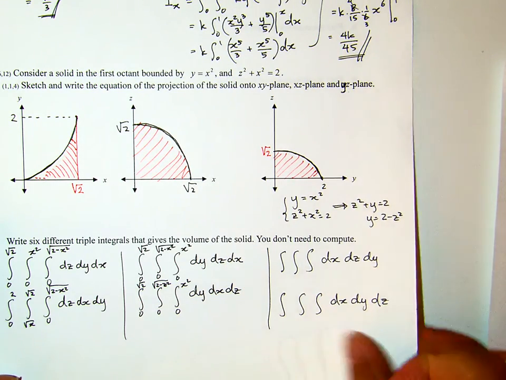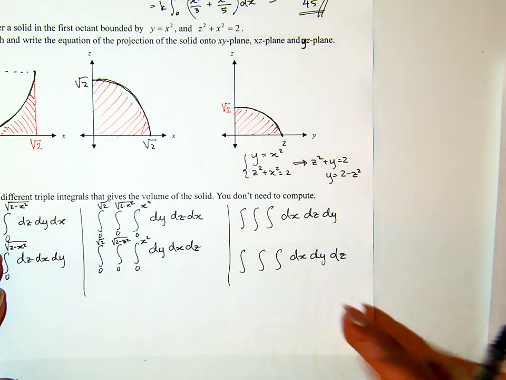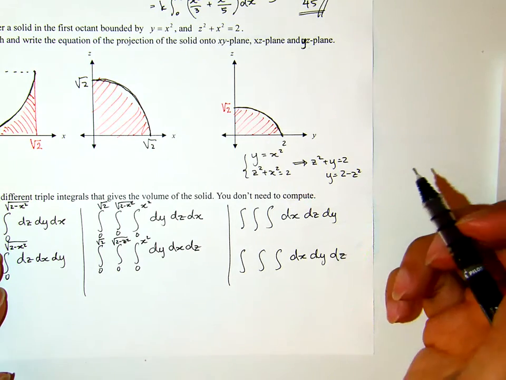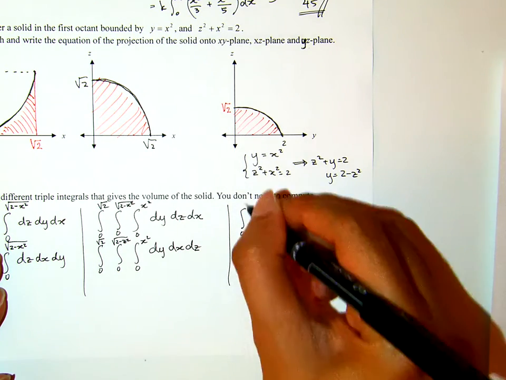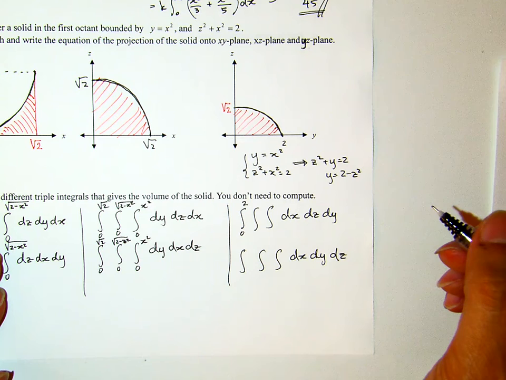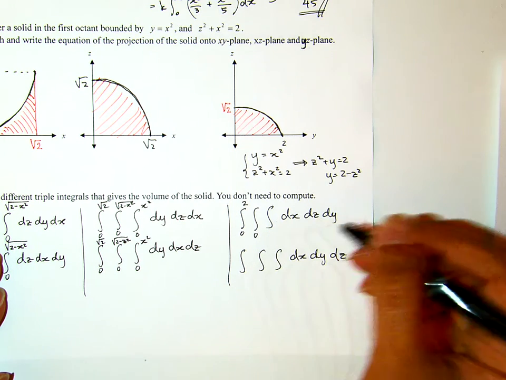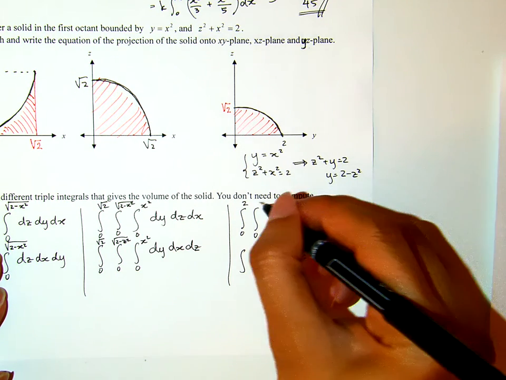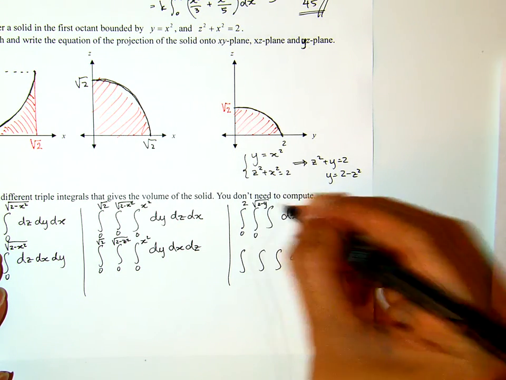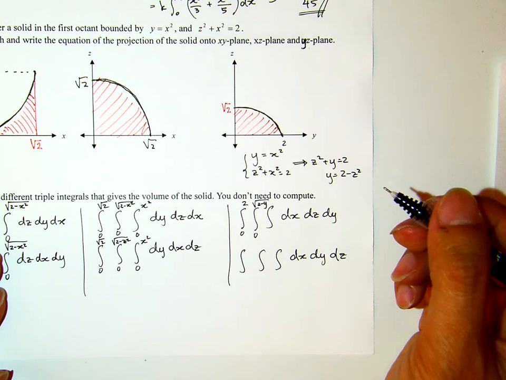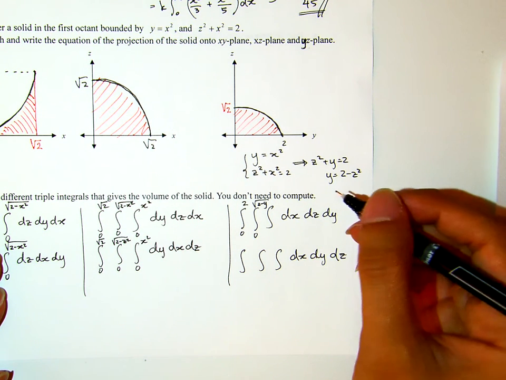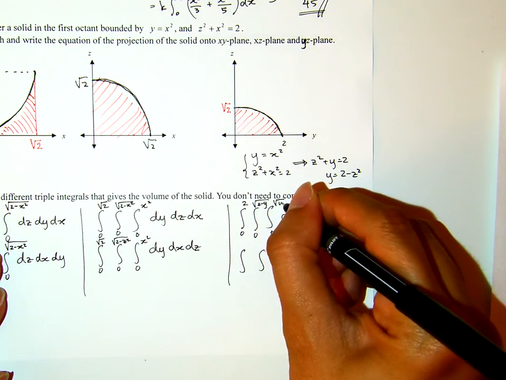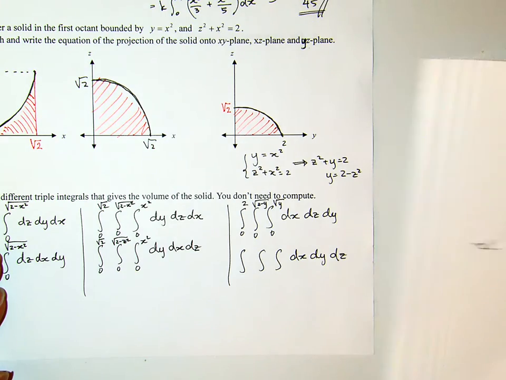Now lastly, triple integral dx dz dy. So I will be looking at this, the part there. This is from 0 to 2, and then the z will be from 0 to, so for z, square root of 2 minus y, right? And then the x will be from 0 to the square root of y. Oh, hold on, that's not right.